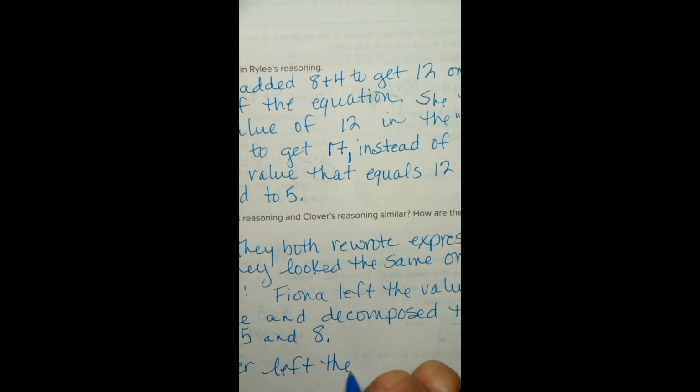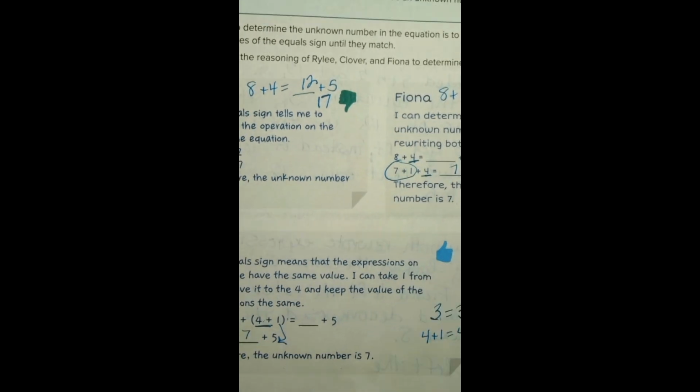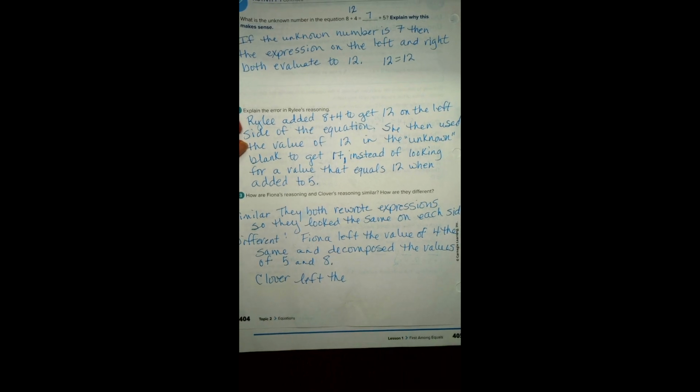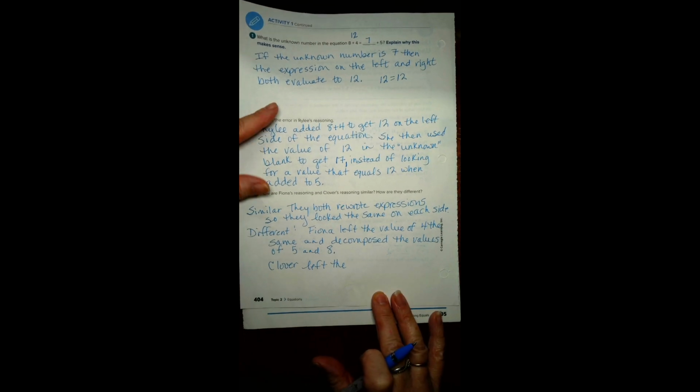left the, let's just double check. Oh, I need to zoom out here. I'm so sorry. I did not even realize that. Clover left the 5 here. Okay. I am so sorry. You guys are probably all yelling at me right now, aren't you?